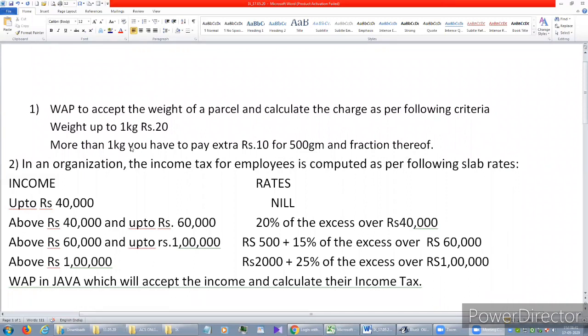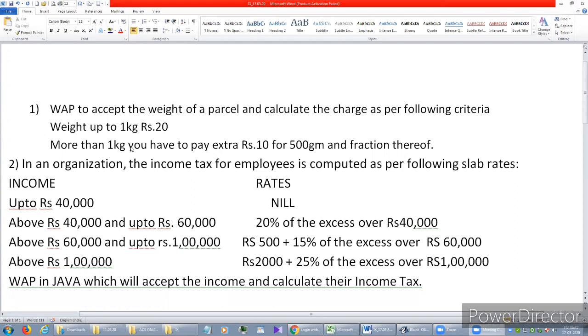This term is very familiar to us. But next one, more than 1 kg, you have to pay extra rupees 10 for 500 gram and fraction thereof. What is the meaning of this? This is a very important term.